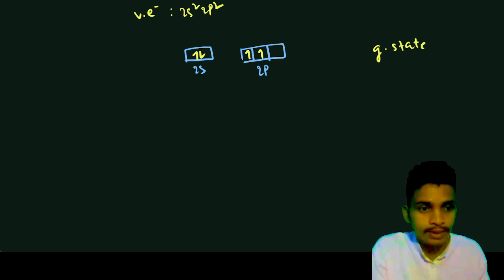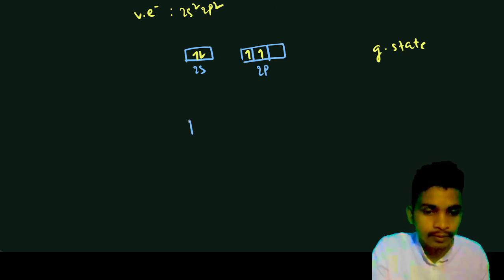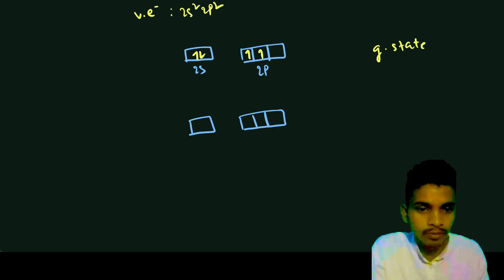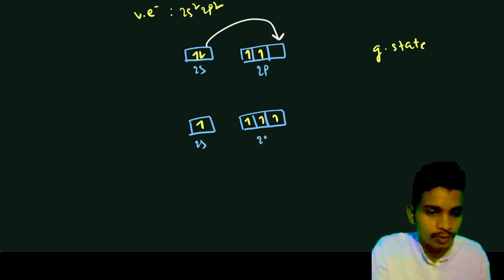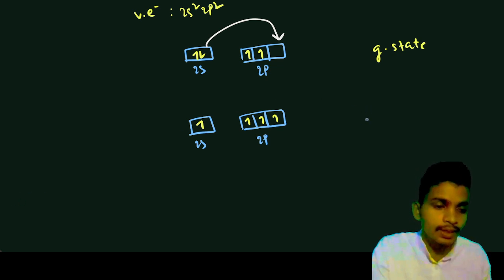So at the excited state, how will it be? One electron will shift from here to here. So this is the 2s orbital and the 2p orbitals, and this is at the excited state.